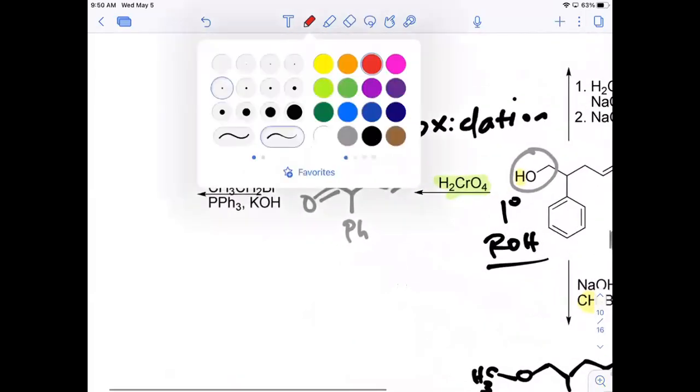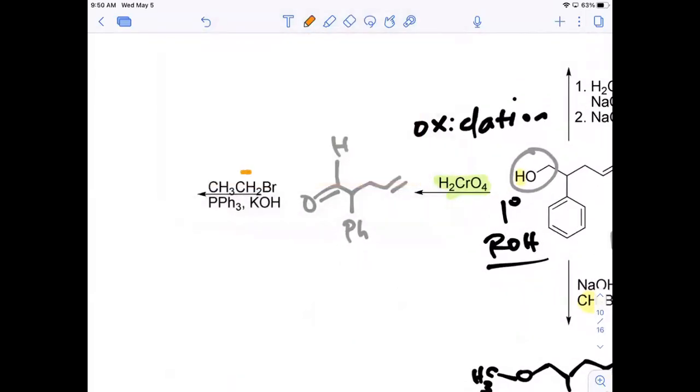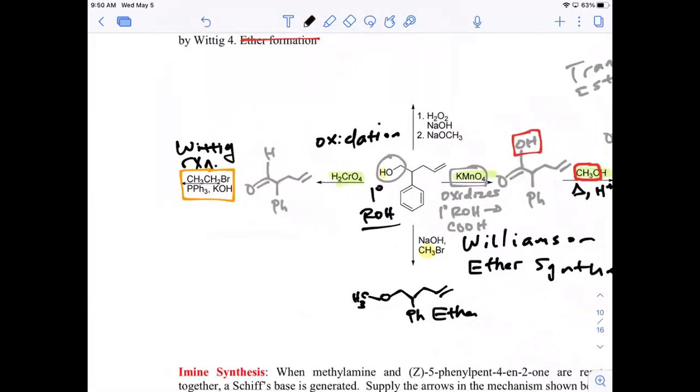Anytime you see this group of reagents together, alkyl halide, triphenylphosphine, and a base, which we just did like 2 minutes ago, it's going to be a Wittig. In the presence of an aldehyde, that's going to give you a Wittig. Might have been 1 minute ago.